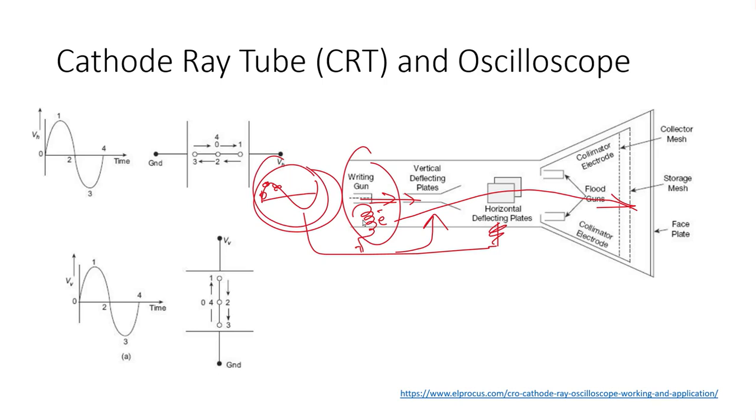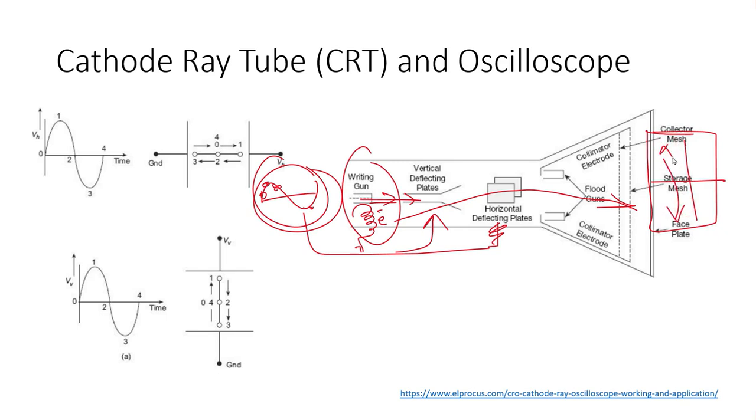These electrons will just be produced by some source. So these electrons are produced, and this signal is provided to the vertical plate, and if the signal is high, the electrons are moved towards one side of this screen, and if the signal is low, these electrons are moved towards the other side of the screen.